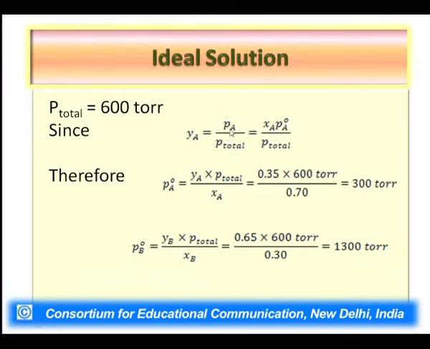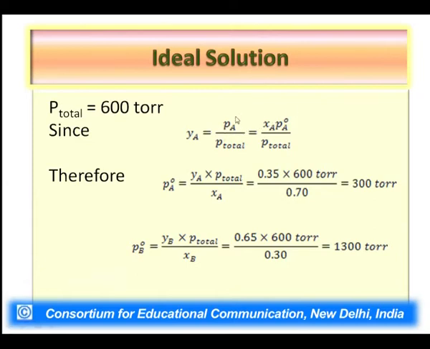That is, the partial pressure of any gas in a mixture of gases is equal to the amount fraction of the gas in the mixture times the total pressure. Here the gas means the vapors. So YA is the amount fraction of component A in the vapor phase and is equal to PA by P total, where PA is the partial vapor pressure of component A in the vapor phase.